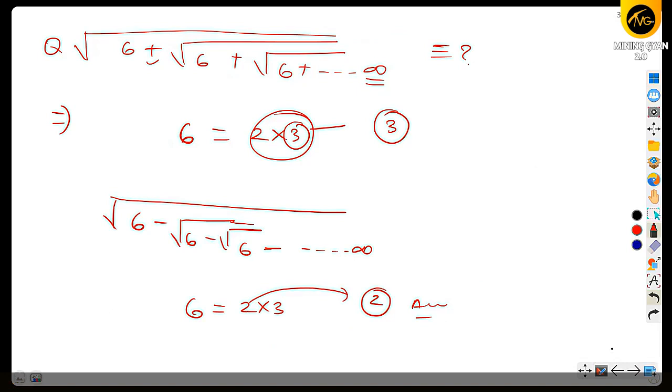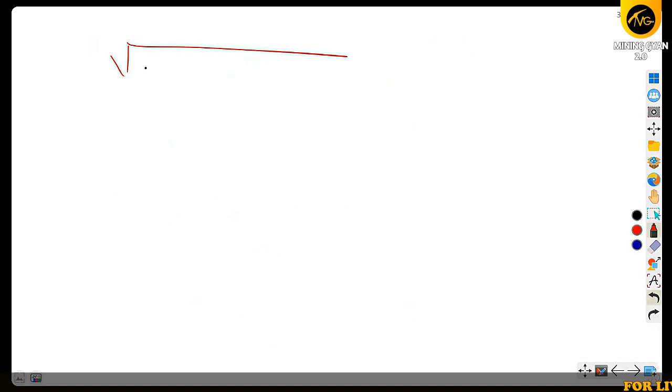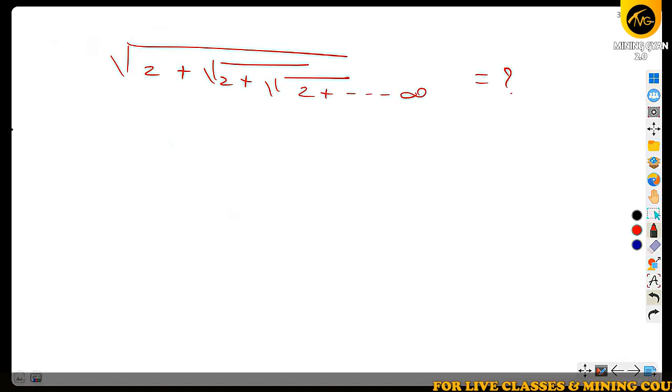Now suppose 2 plus root over 2 plus root over 2 plus, and it goes to infinity. Now what is the value of this expression?